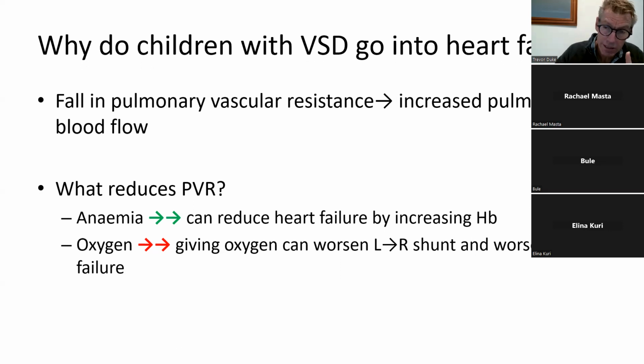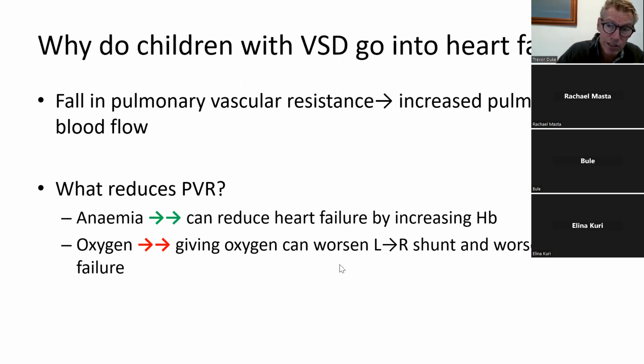And remember, the things that reduce PVR are anemia. So if a child's anemic, that reduces pulmonary vasoconstriction, and more blood can flow from the left side to the right side of the heart across the VSD, and that causes more heart failure. And sometimes if you give the child oxygen, then they will have a larger left to right shunt, and that can worsen their heart failure if they've got a large VSD, right?